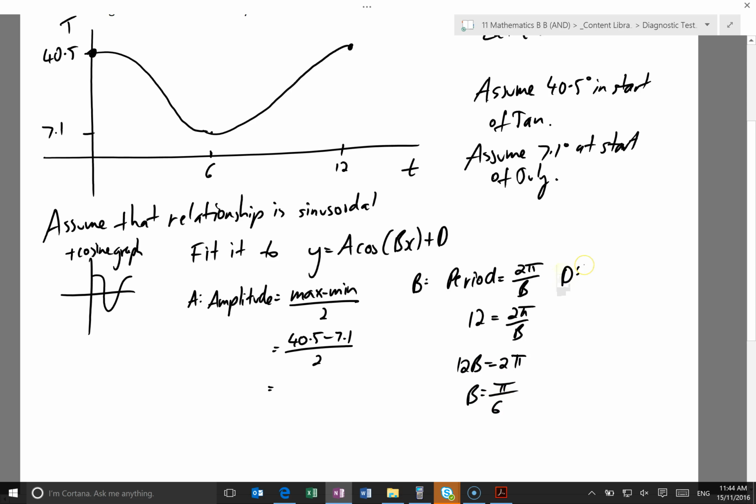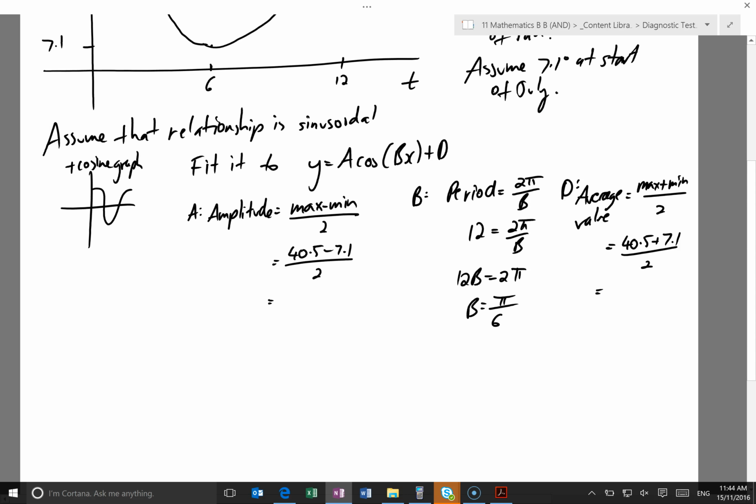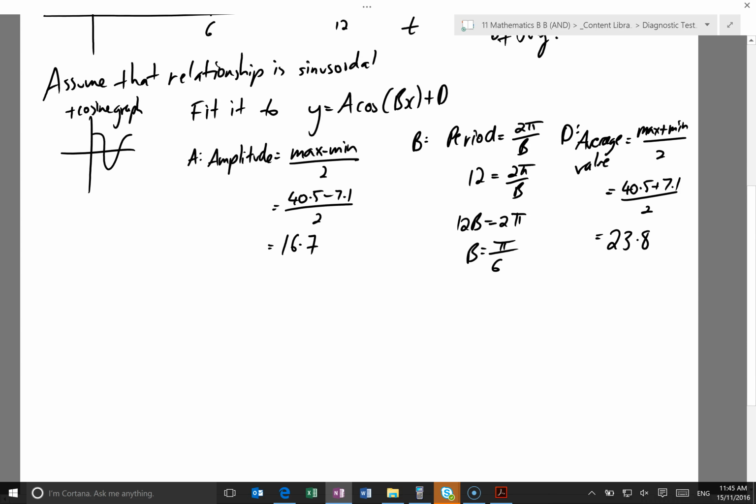And to find d, the average value, I'm going to find the average between the max and the min. Find those three values and I'll be able to substitute them in. So once I've found all these values, I'll just substitute them into my general model.